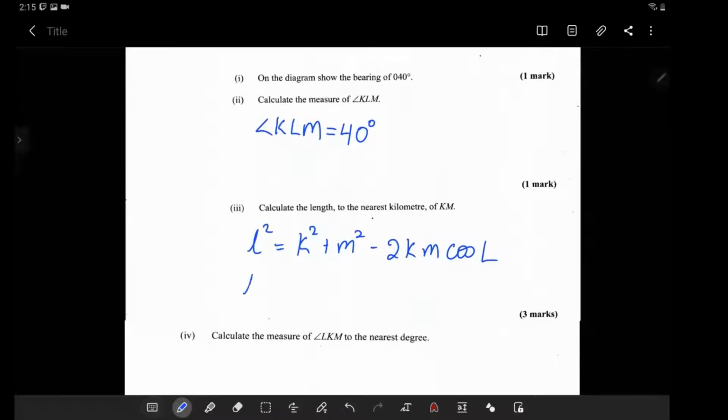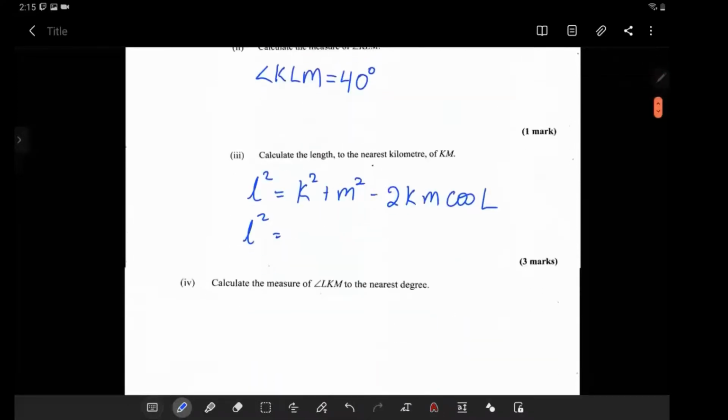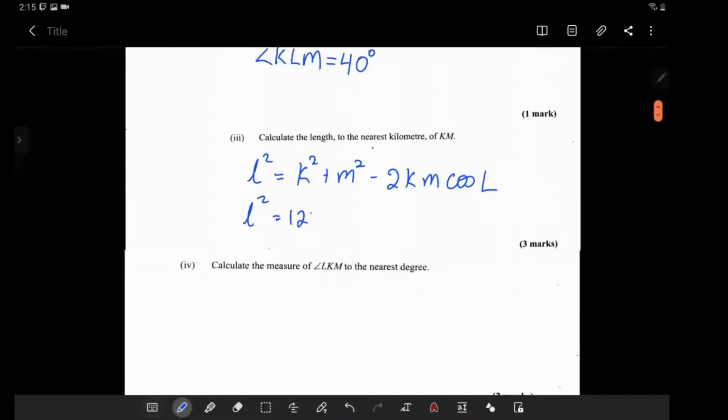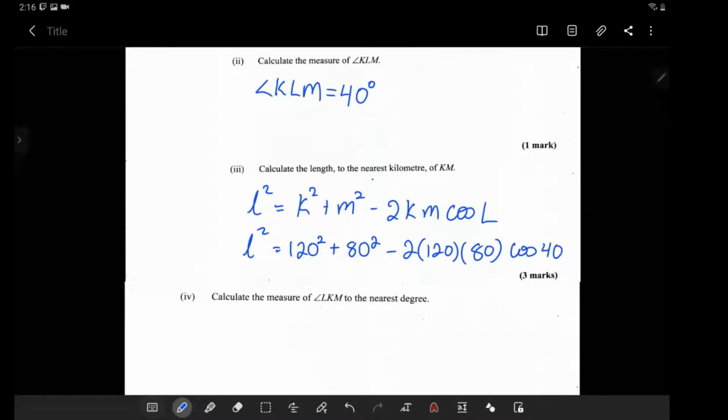So l squared, k is 120, so that's 120 squared, plus m, which is 80, so 80 squared, minus 2 by 120 by 80 cosine 40.